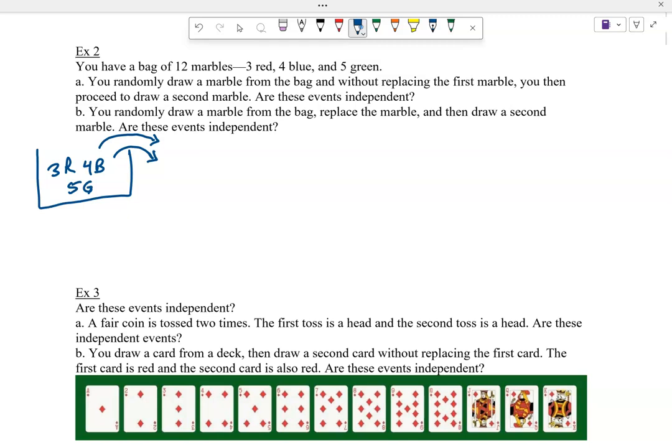This was our prior discussion. So event A, I pulled one out, affects the probability when I go to grab another marble, because instead of having 12 in there, now I only have 11 possible marbles to choose from on the second. Okay, so part A is dependent. This is not independent.